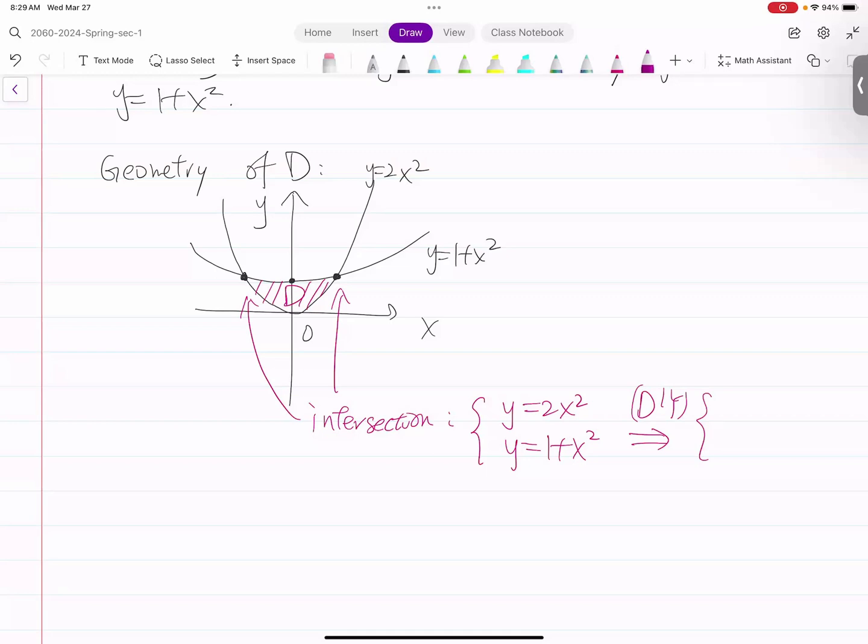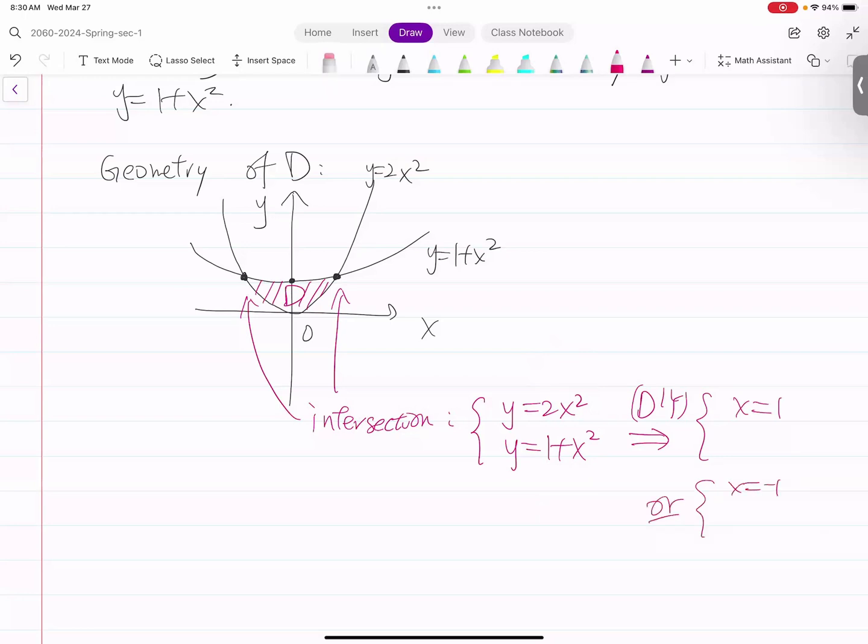So basically, this is not so difficult because you can substitute y. Okay, so you can eliminate y by substituting the second y into the first, and then you notice that the right hand side must equal. So 2x squared must equal 1 plus x squared. Then that tells you x squared must be 1. Right? So you have x equals 1 or x equals -1.